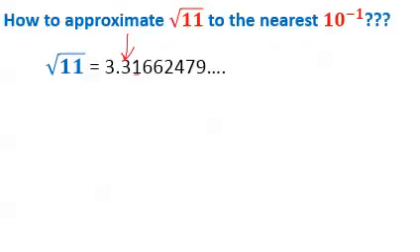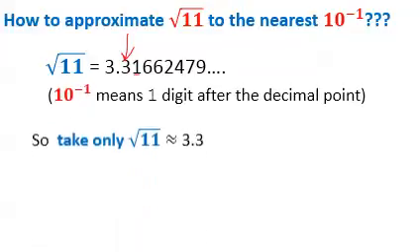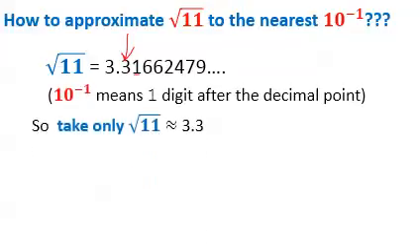If I want you to find this value to the nearest 10 to the power minus 1, that means I have to round it to the nearest tenths. What do I have in the tenths? I have 3. What do I have just after the 3? I have 1. The 1 is below 5, so the 3 is not going to be changed, so it's 3.3.